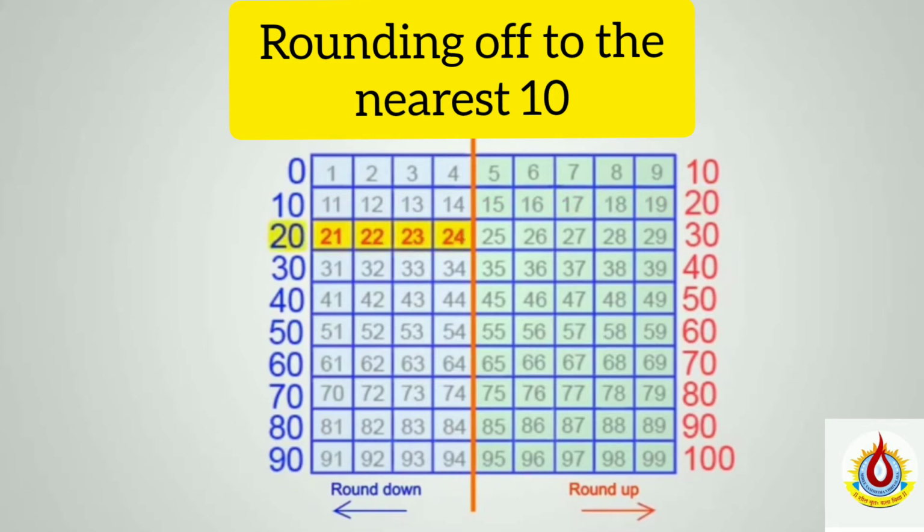And numbers 25, 26, 27, 28, 29, we round up to 30. Numbers are rounded down if they are below the 5 mark and rounded up if they are above the 5 mark. Now let's learn rounding off to the nearest 100.